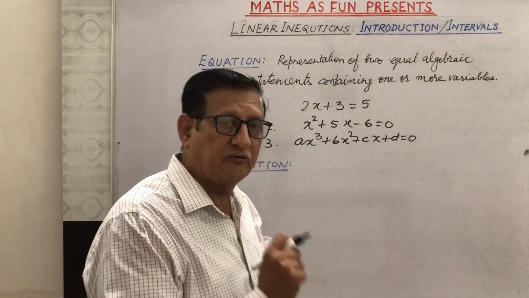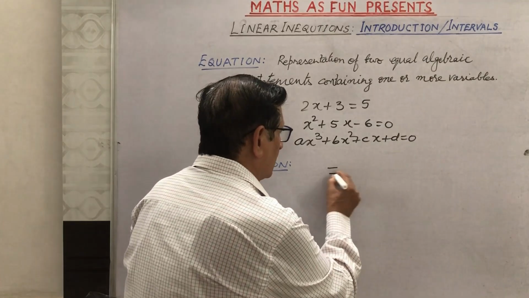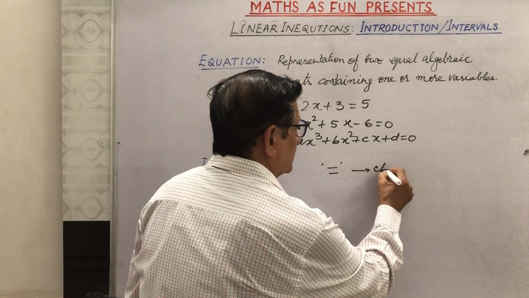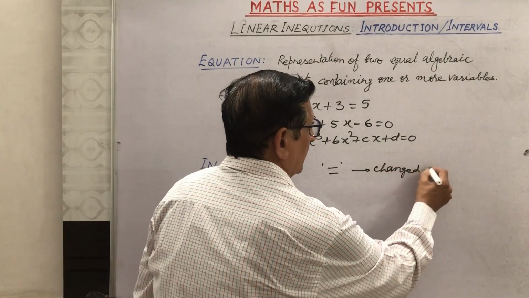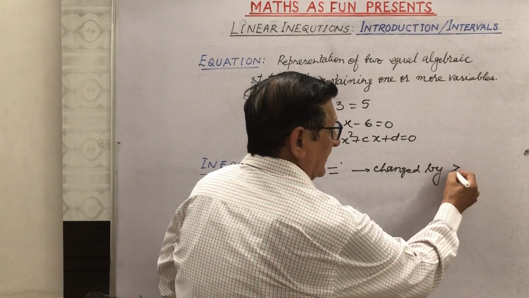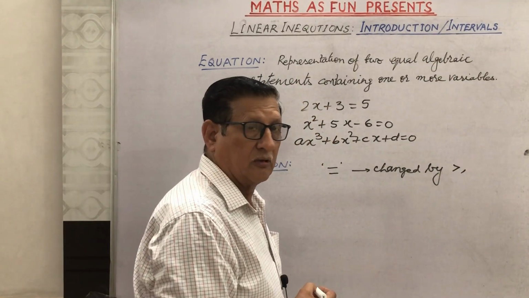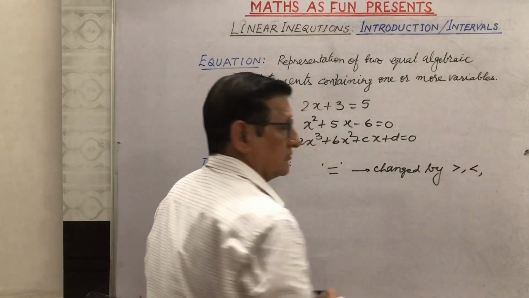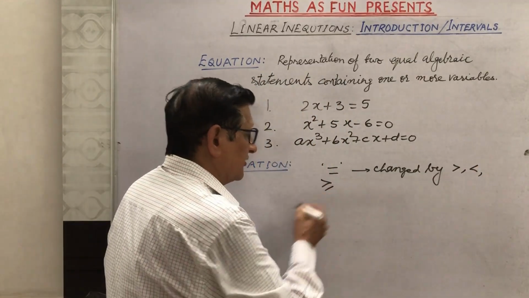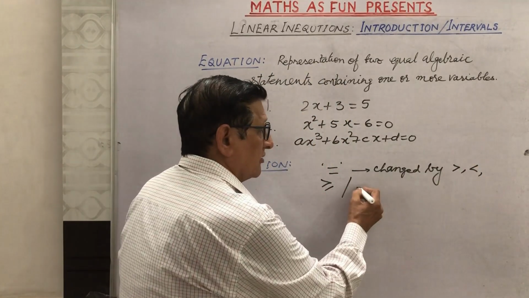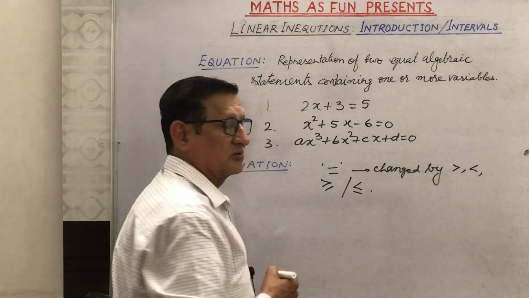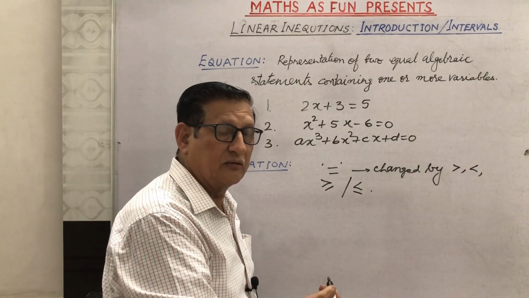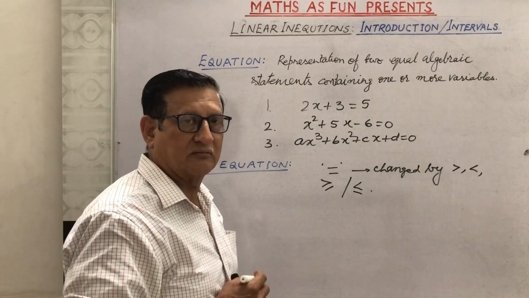Then what are inequations? If this equal to sign is changed by either greater than or less than, or greater than equal to or less than equal to signs, then it becomes an inequation.